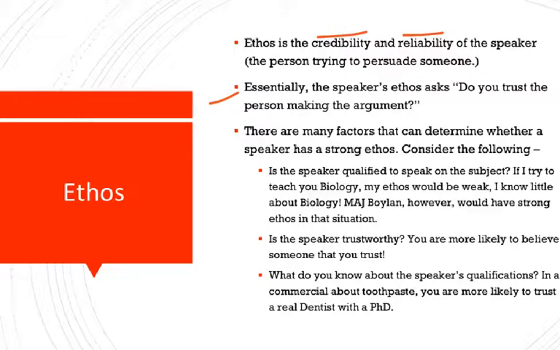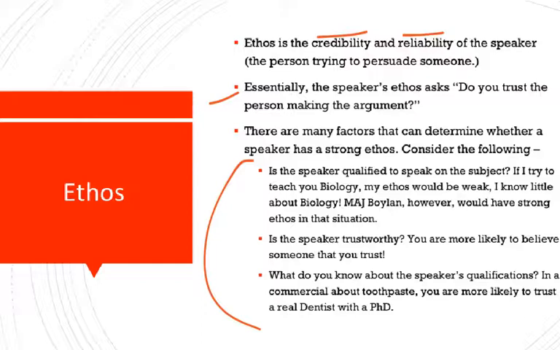Now, in this bottom part, I want to talk about the many ways that you can try to improve your ethos. If you're giving a speech, there are small things that play into whether you have a strong ethos. The first one is just, are you qualified to speak on the subject? For example, I might have good ethos in one situation, but poor ethos in another.